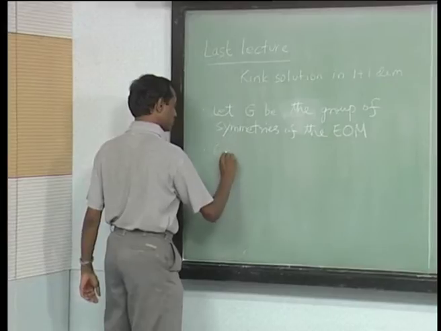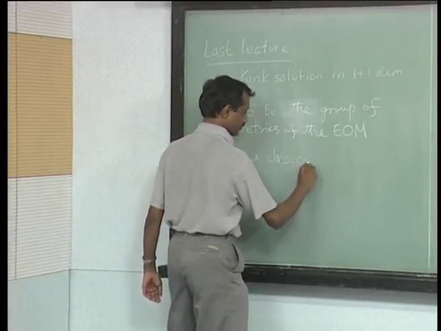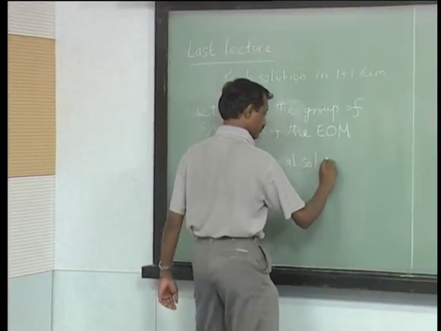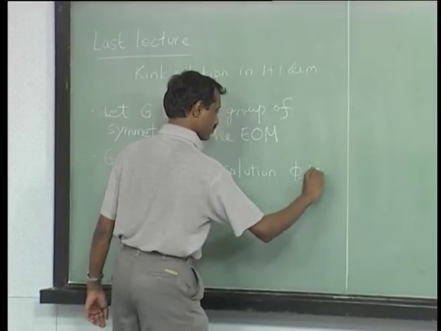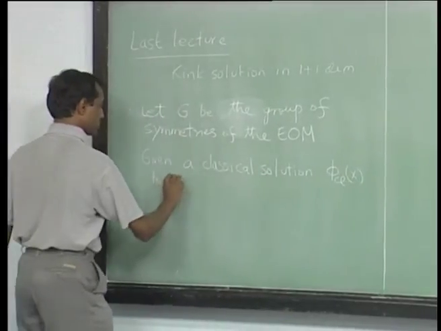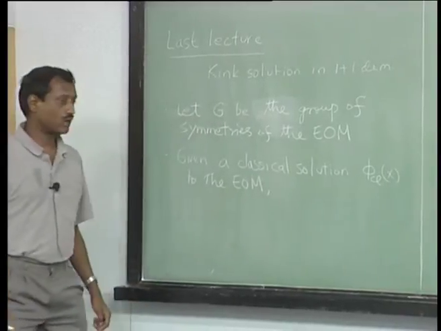Given a classical solution to the equations of motion, how does G act on it?